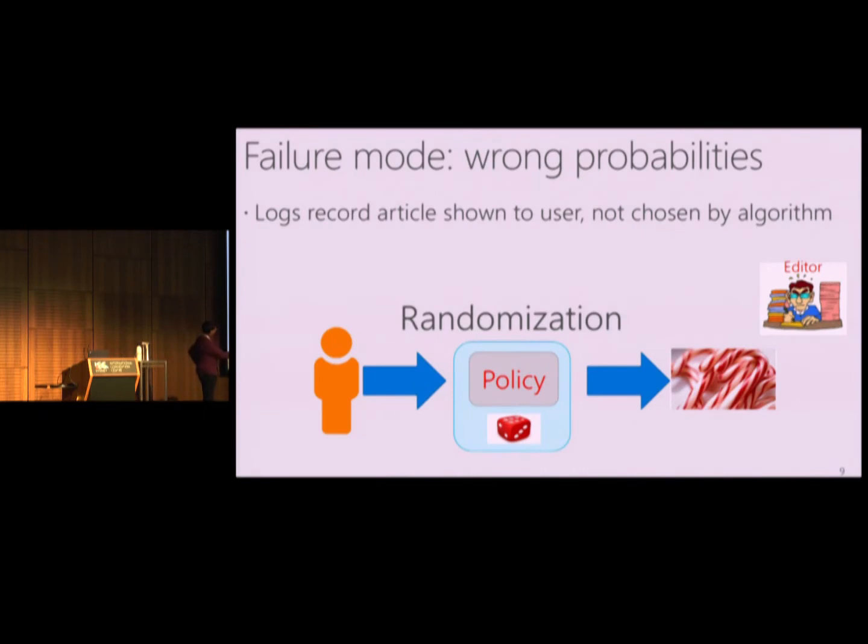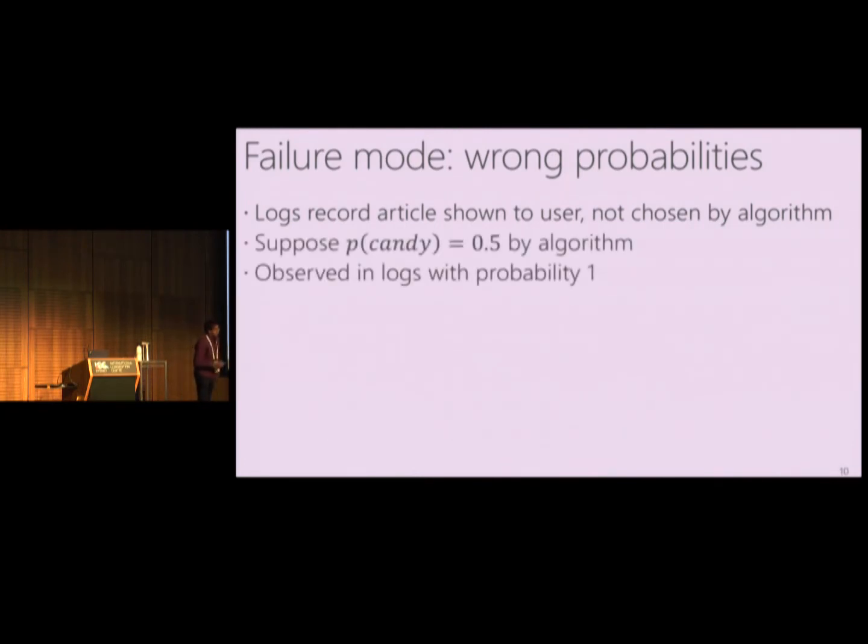So maybe there's been a salmonella outbreak in candy, and an editor comes in and says, I don't care what your algorithm picked, you have to display this story about candy. So your choice gets completely overridden. You can't do anything about it. What you record in the logs is the story that the user eventually saw, which is going to be the story about candy.